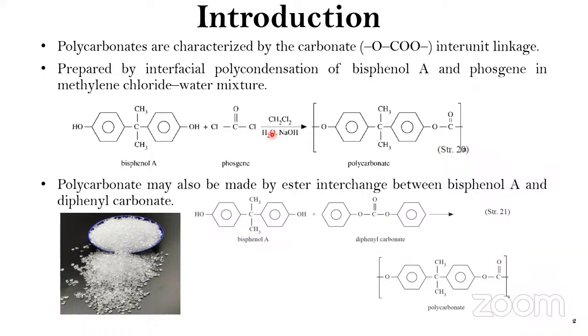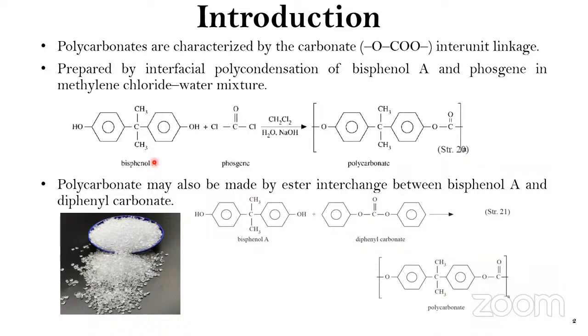For the preparation of polycarbonate, you require two monomers: one is bisphenol A, and another one is phosgene.